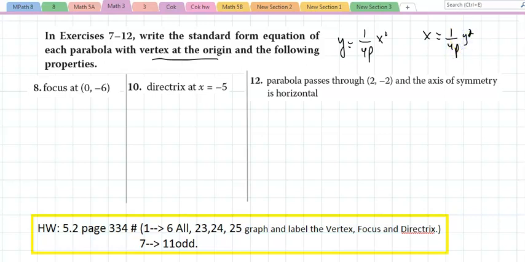So, even though they're not asking for a graph, a rough sketch will do, meaning they're not asking for a graph, but if they say the focus is at 0, negative 6, 0, negative 1, negative 2, negative 3, negative 4, negative 5, negative 6. That's the focus. Doesn't that mean the parabola opened down?